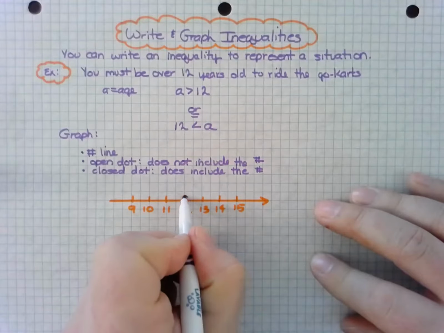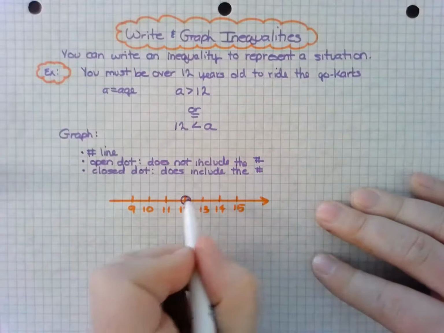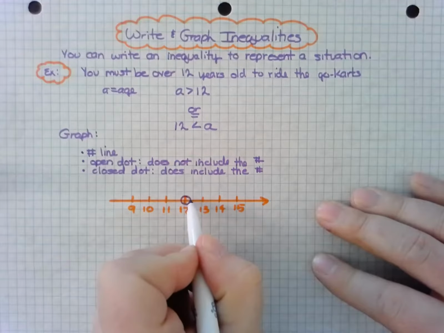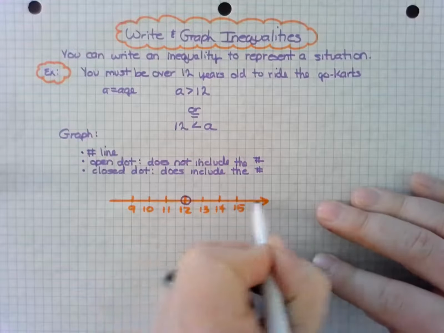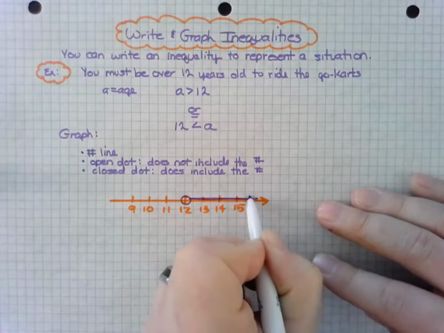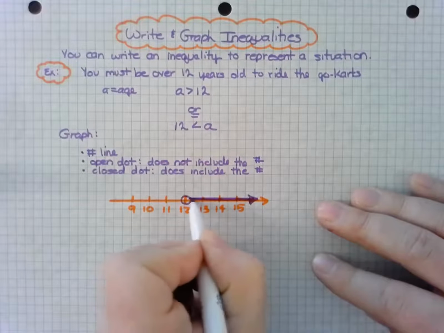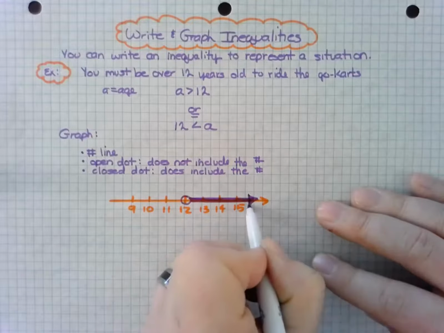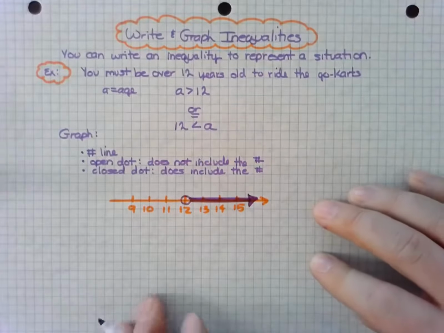So I draw an open circle, and then I can draw a line that shows they're greater than 12. So 13 is greater than 12, 14, 15. So I draw a line that goes all the way across, and I end it with an arrow. And that shows A is greater than 12.